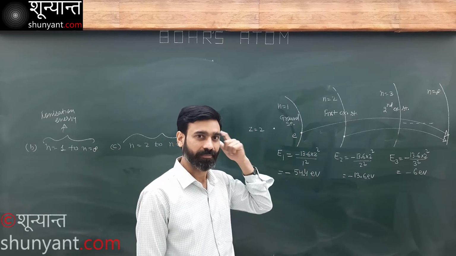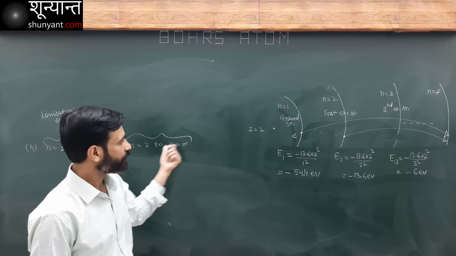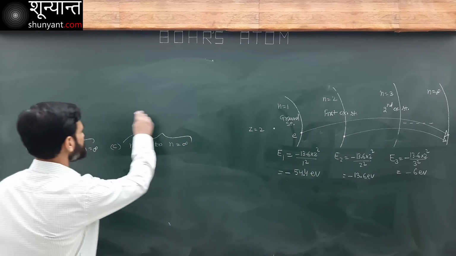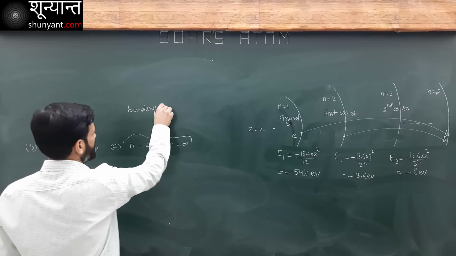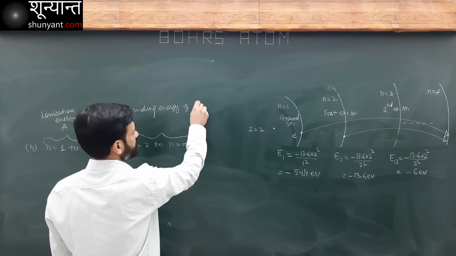In ionization, I am removing the electron from the ground state, and in this process I am doing it from the second state, n is equal to 2. This is known as binding energy of the second state.